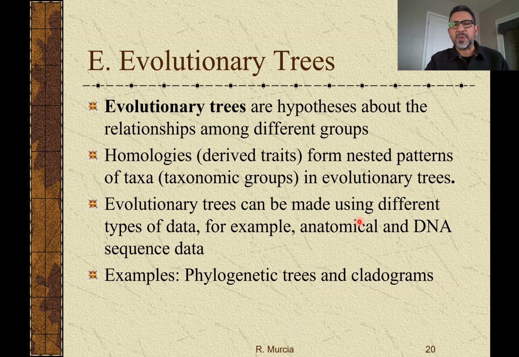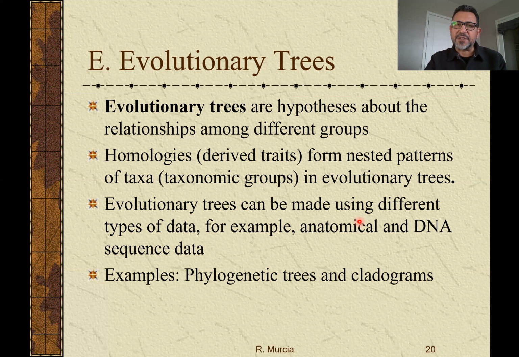An evolutionary tree is going to be a hypothesis, and we're going to be seeing many of these trees not only in the current class Bio 212, but also in Bio 213. And these are going to be hypotheses that provide an explanation as to how a group of organisms may be related by means of a shared common evolutionary history.